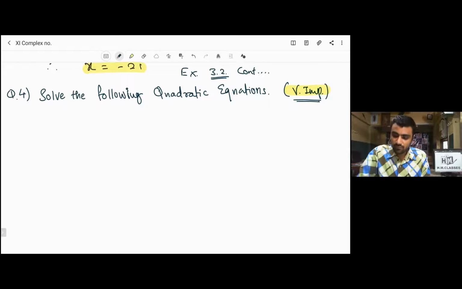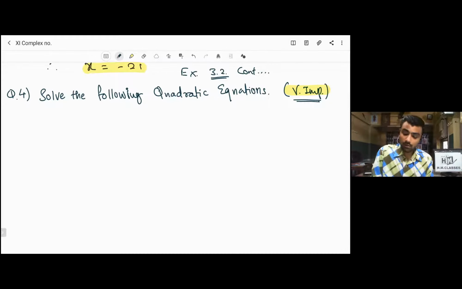This is a very important type of question because, as we saw in the last questions, in main question number two and main question number three, we solved more or less similar types of questions.